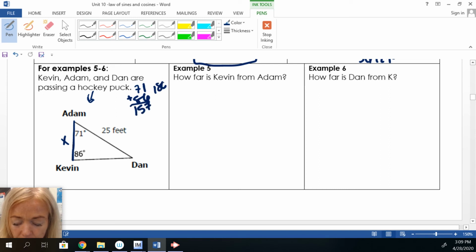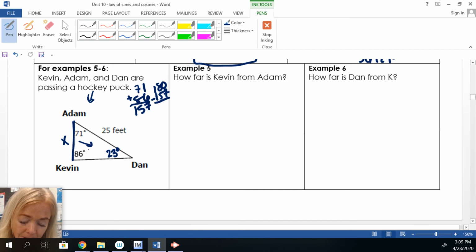And 180 minus 157 is 23. So I'm just going to write that in. I'm going to get all the angles, and I need it right now because the distance between Kevin and Adam is across from the 23 degree angle.